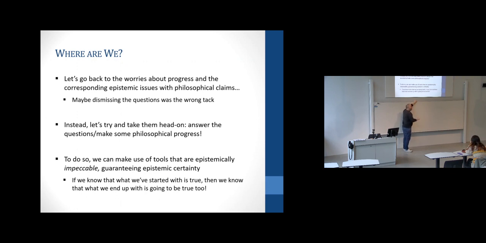It was already in the conversation we had. The claim I just gave you was an if claim. If what we started with is good, then what we're going to get out is good. Come back to that. But this at least offers us a way to make progress, and it offers us a way to avoid this epistemically defective worry. It can't be defective unless what we started with was defective too.